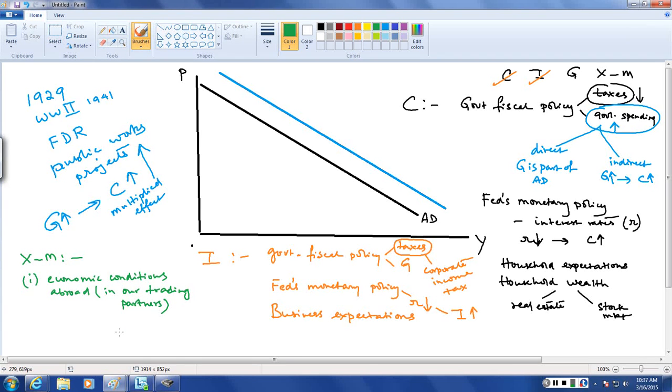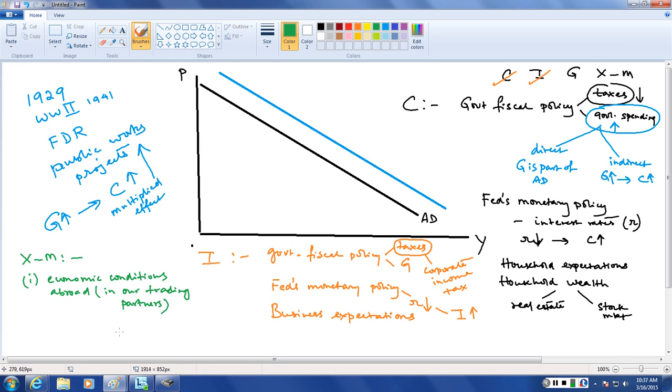Which countries are our important trading partners? Well, I believe the US's biggest trading partner is Canada. And Mexico is probably second.